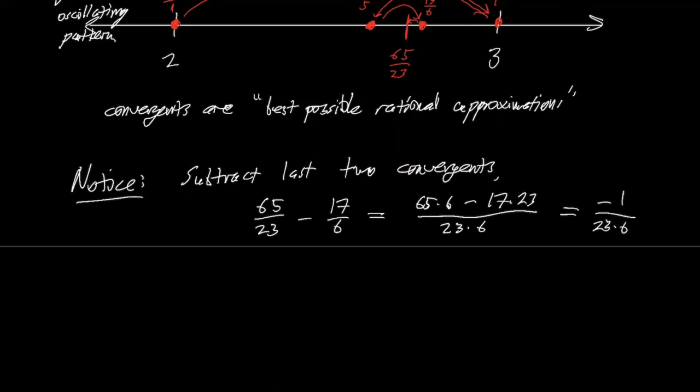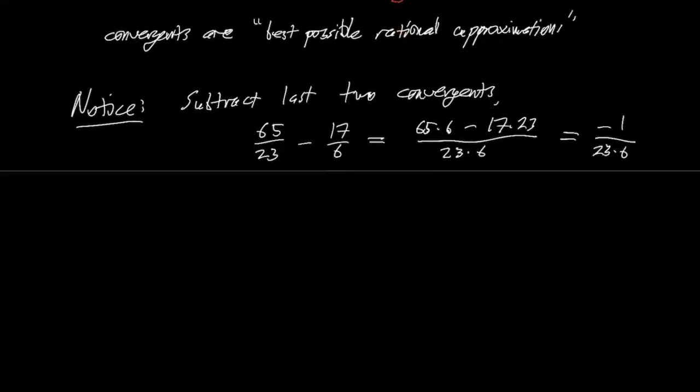And so if we isolate just this numerator here, then we have 65 times 6 minus 17 times 23 equals -1.